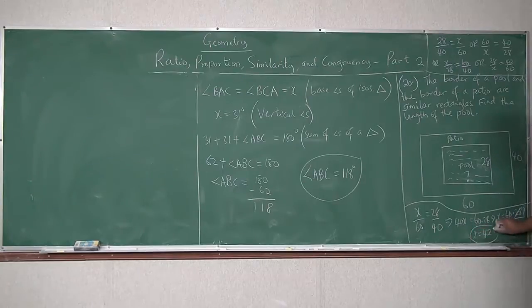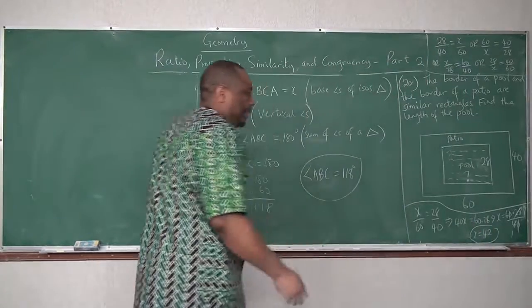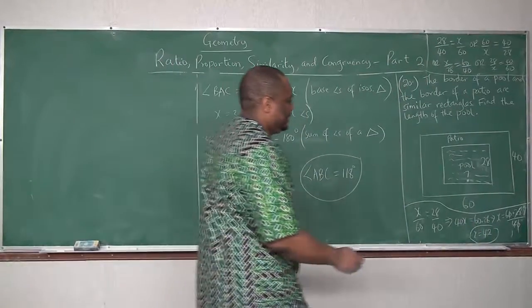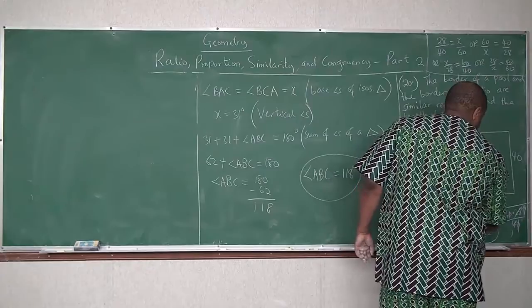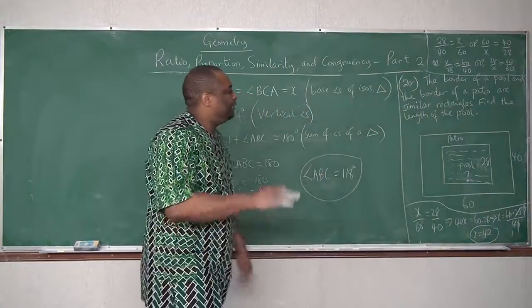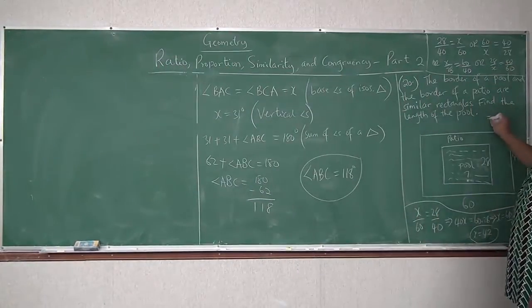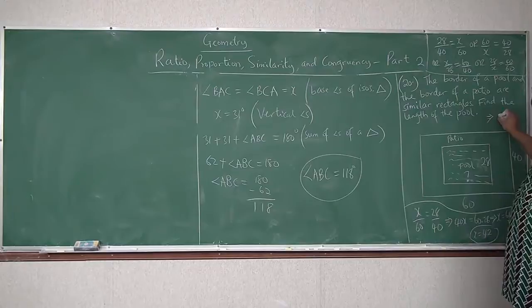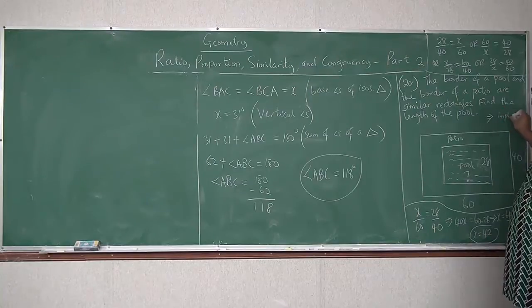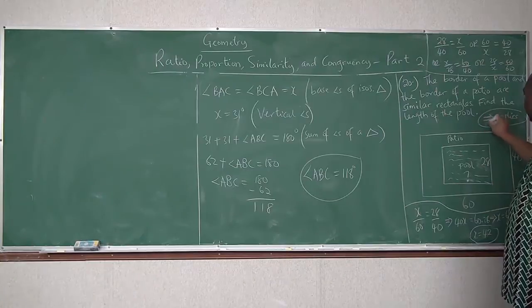They gave you the units, so just put the units. x is 42. When you see this arrow, it means implies. Anytime you see me write that, it means implies.